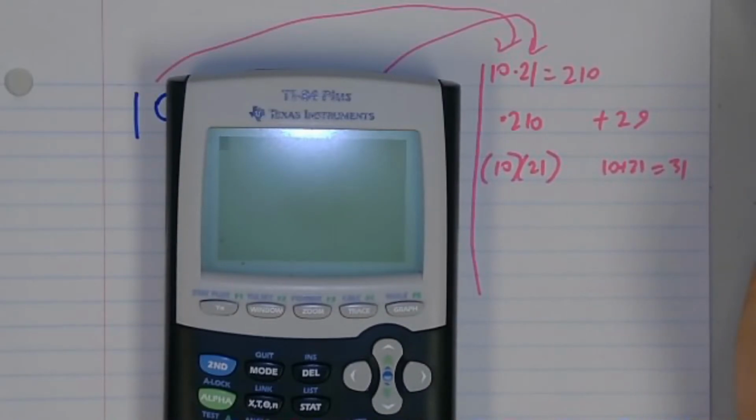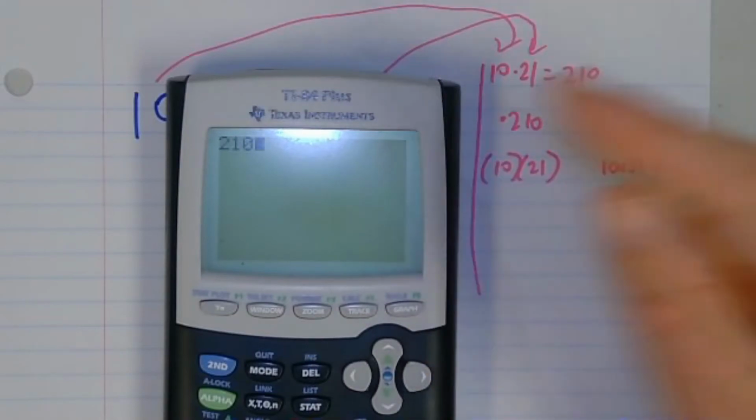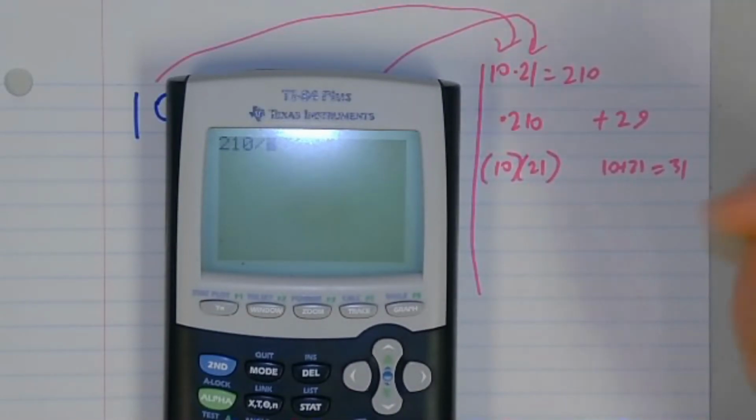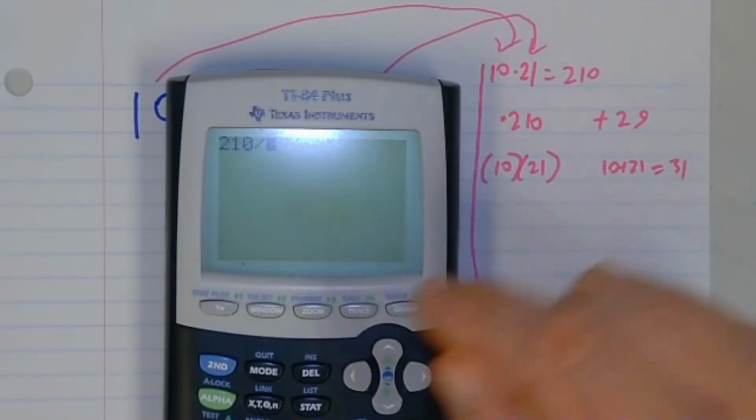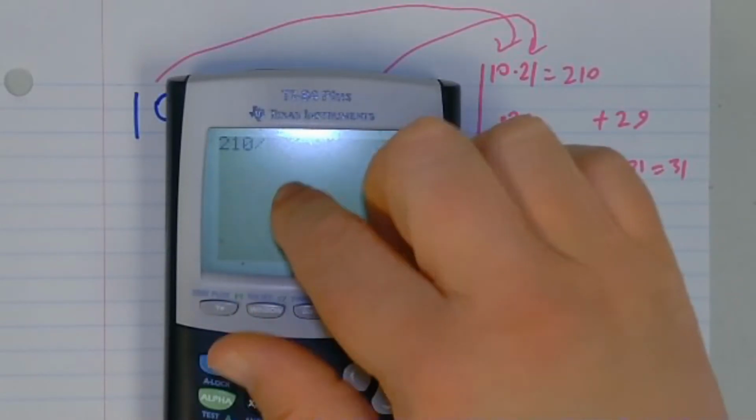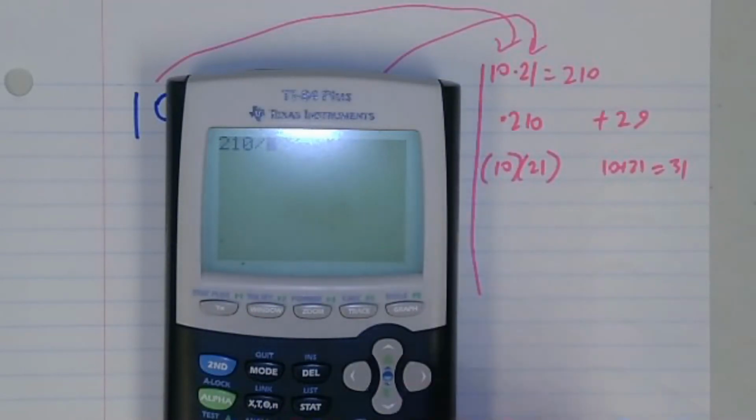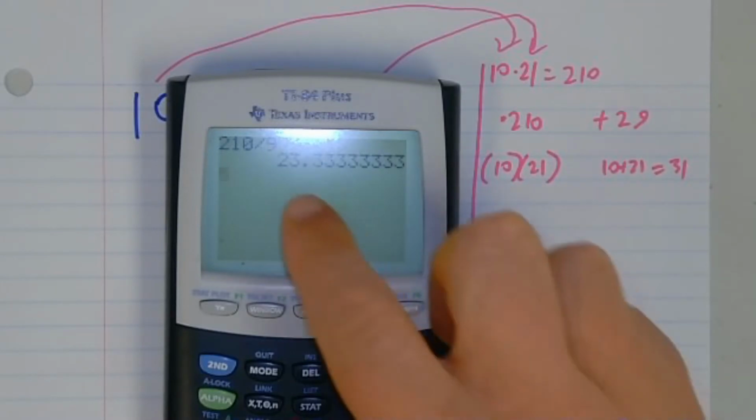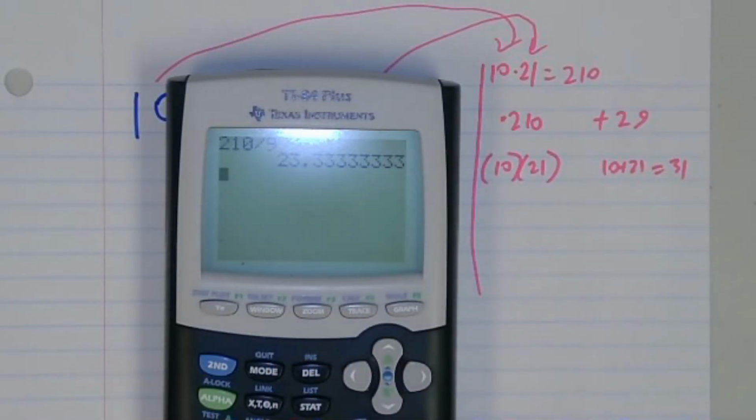If I want to know if something is a factor of 210, I can just divide by it. So I already know that 9 is not a factor of this because I know a factoring trick for 9s. But if I didn't know that, I could try dividing by 9, and I'd see, oh, I don't get a whole number. 9 doesn't work. What about 8? Nope. Not feeling good about my chances with 7.